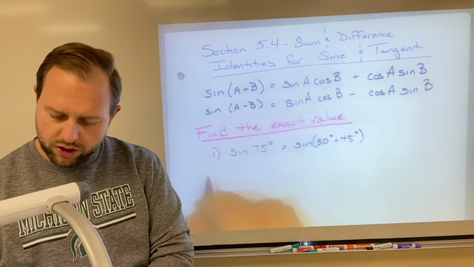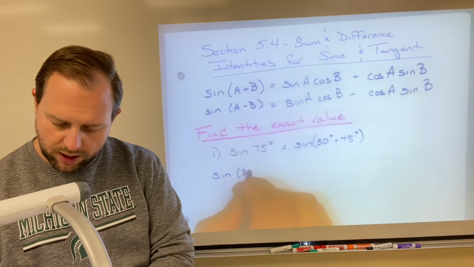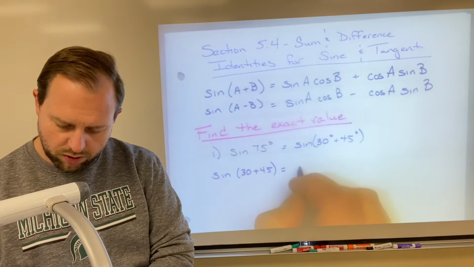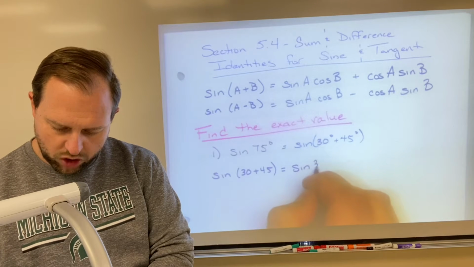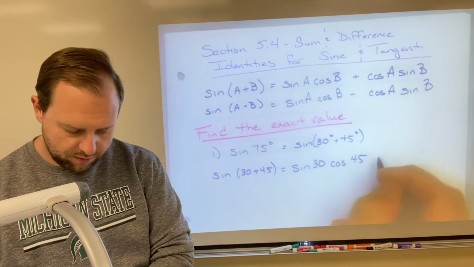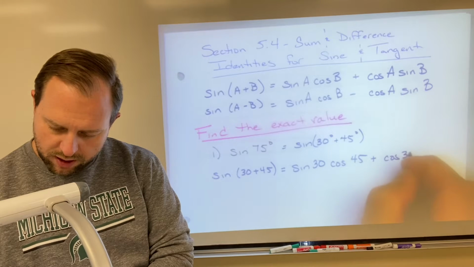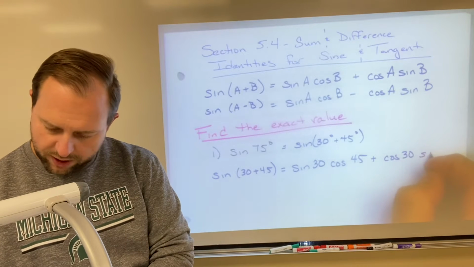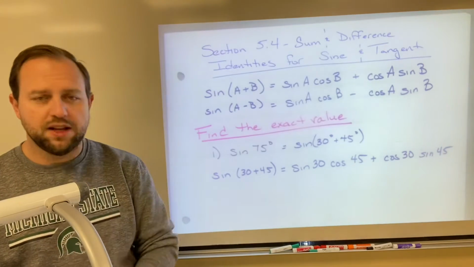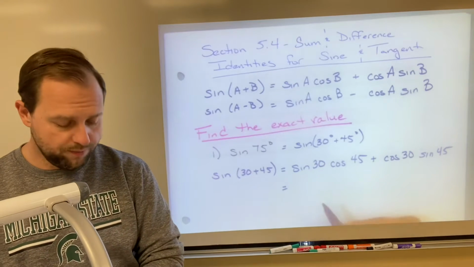So using the equations, the sine of 30 plus 45 is equal to the sine of 30 cosine of 45 plus cosine of 30 and the sine of 45. And then we simply pull the exact values off either the unit circle or a table.